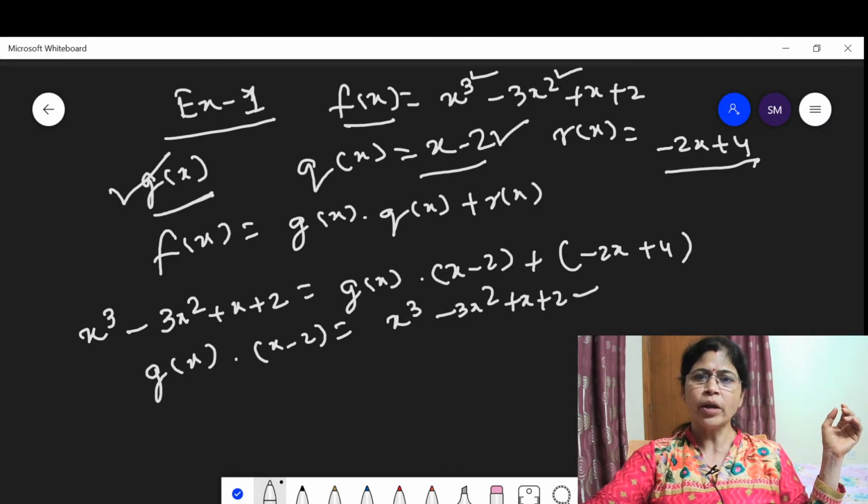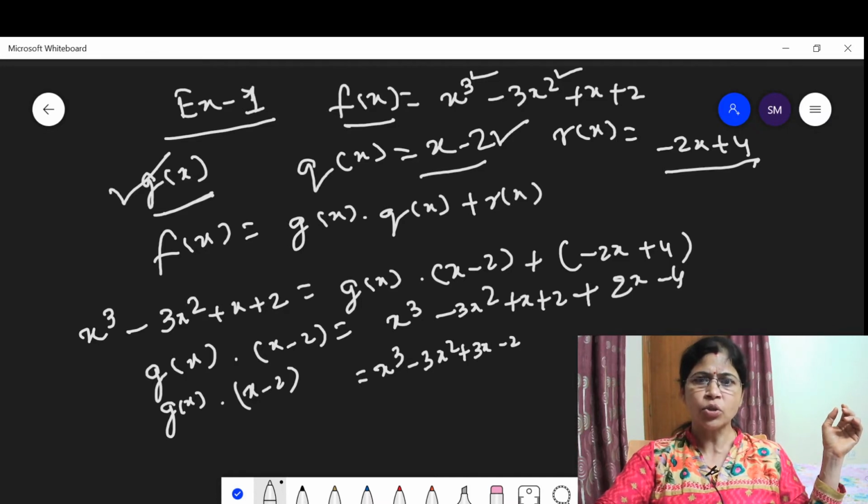As you know, when we change sides, the sign changes: minus 2x becomes plus 2x, plus 4 becomes minus 4. Then we get g(x) into x minus 2 equal to x cube minus 3x square plus 3x minus 2. Then how can we find g(x)? g(x) is equal to x cube minus 3x square plus 3x minus 2 divided by x minus 2.